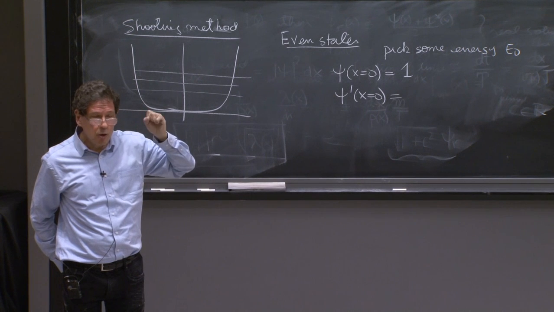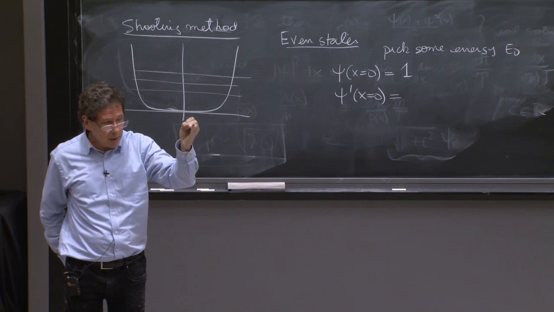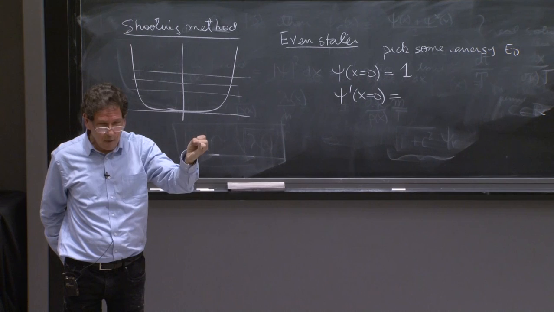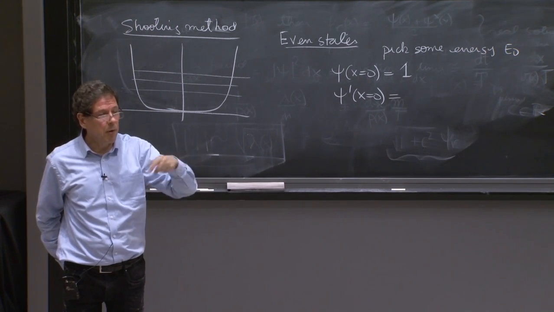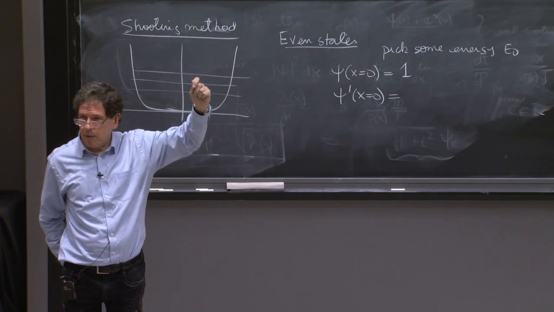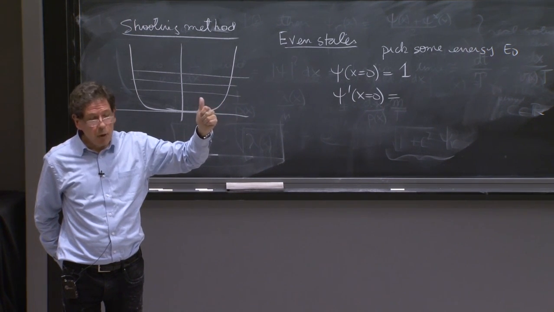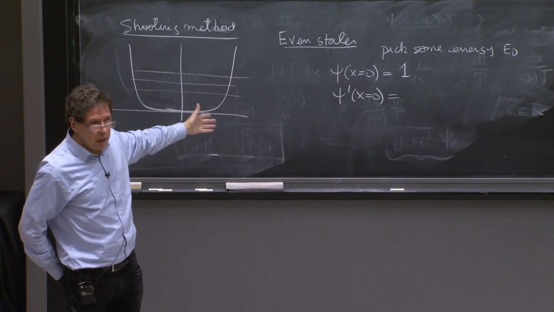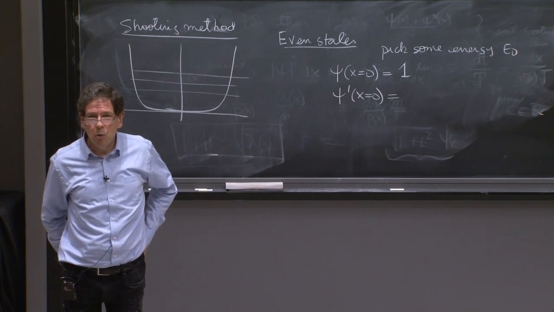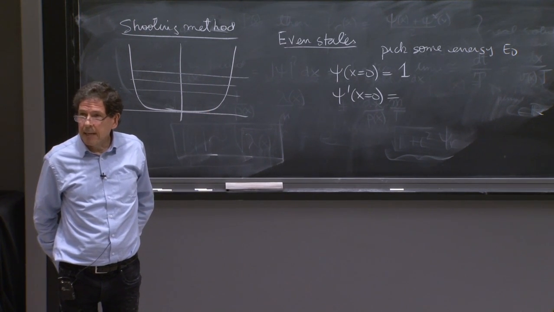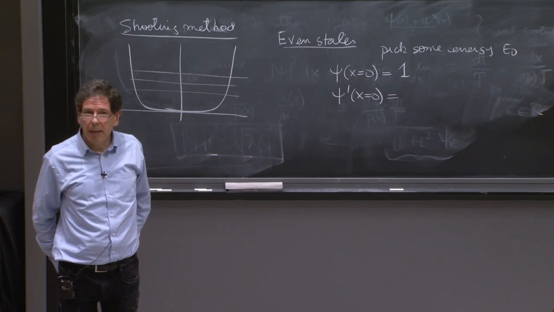That's the Schrödinger equation. So the boundary conditions are the value of psi and the derivative at one point, and then the computer will integrate for you. Mathematica will do it. But you have to give me the derivative. So what should I put? A number there? 1, 2, 3. Is that an unknown? What should I pick?